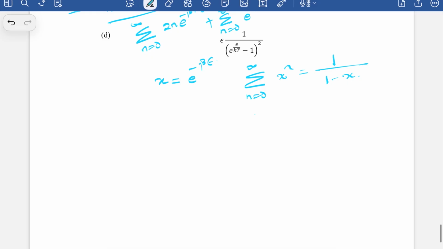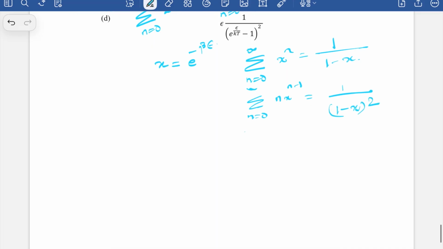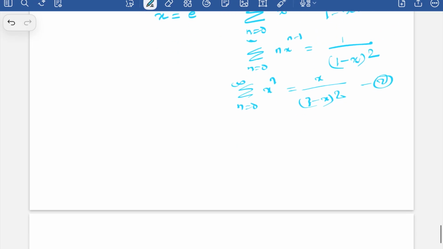If we take the first derivative, summation of n x to the power n minus 1 is equal to 1 by 1 minus x whole square. If we multiply x on both sides, we will obtain x over 1 minus x whole square. We need this one, and we also need the second one, so we take another derivative.